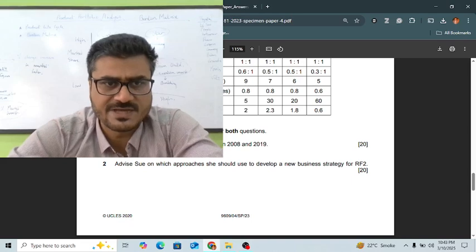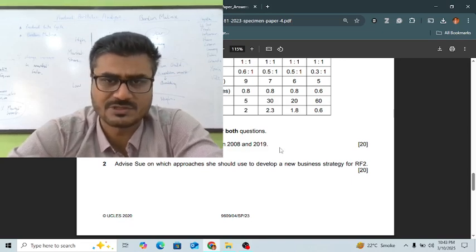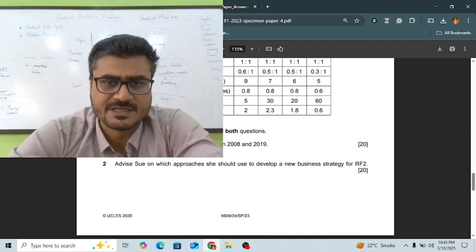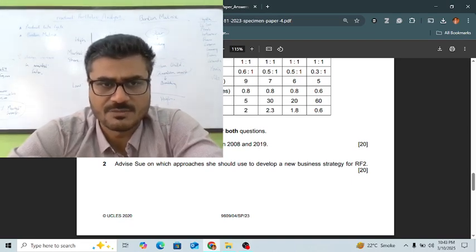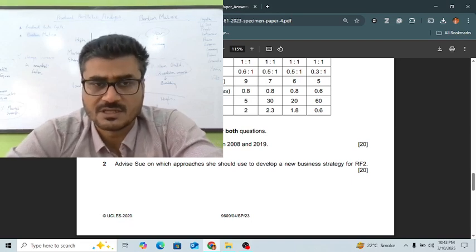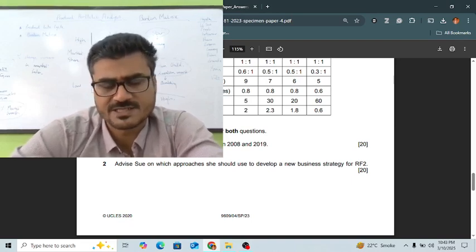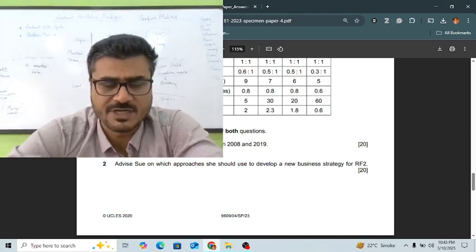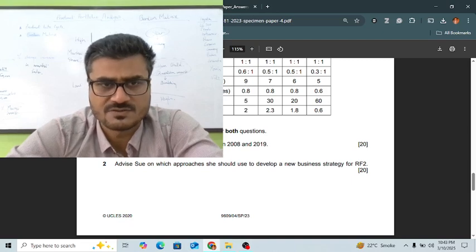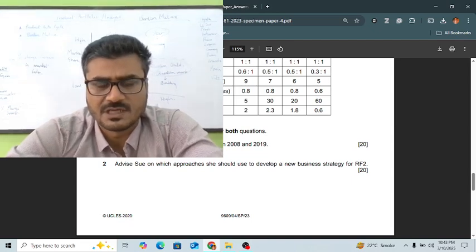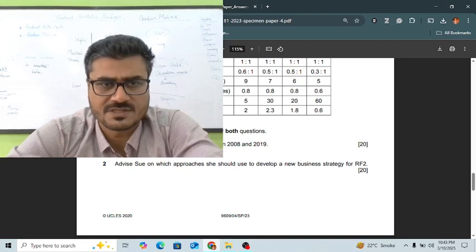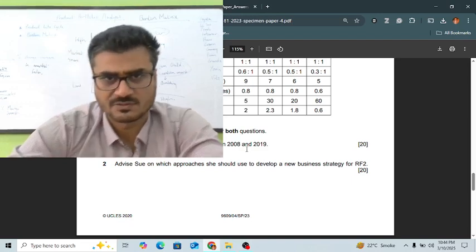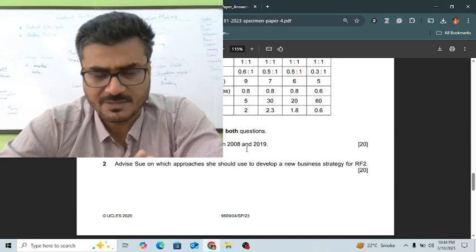The question is: evaluate the RF strategy for growth between 2008 and 2019. So we need to evaluate, comment, and make informed, calculated judgments based on the facts and figures provided by the examiner in the case study. We need to analyze those qualitative and quantitative data on which we base our opinions between 2008 and 2019. It will help us get 20 marks.